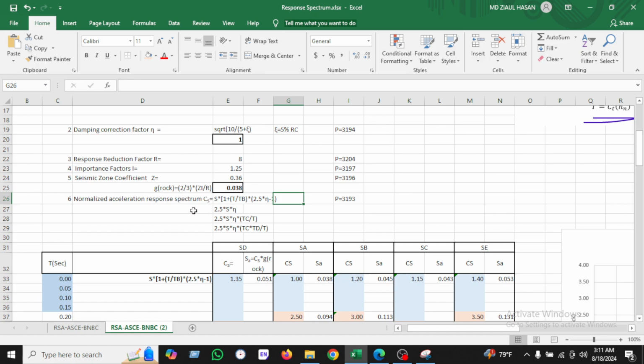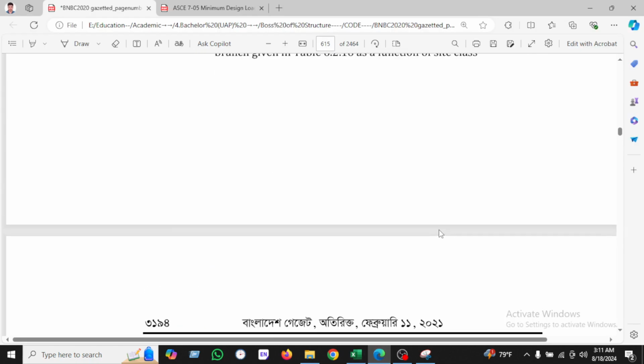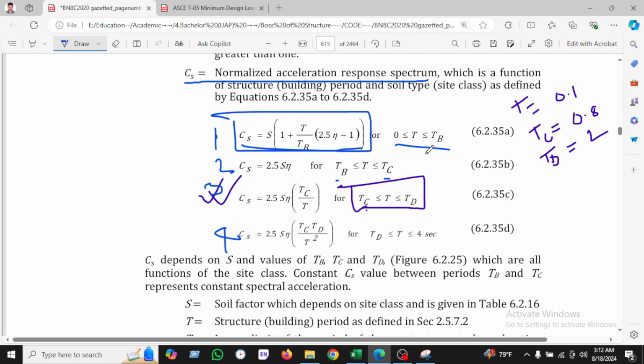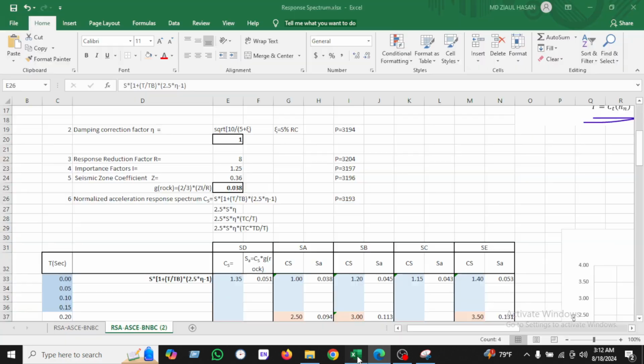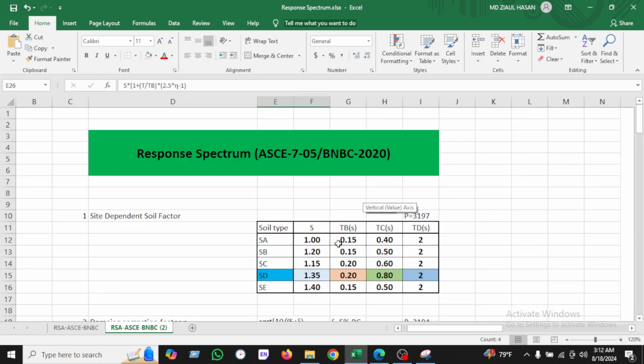We have seen the normalized acceleration response Cs, which has four formulas. The first formula is used for 0 to TB, and the second for TB to TC.